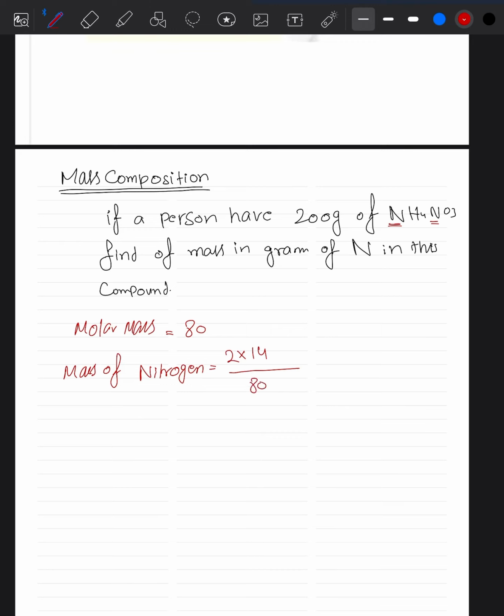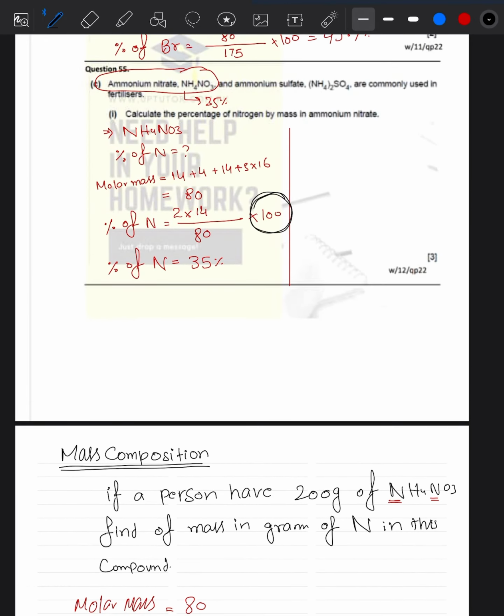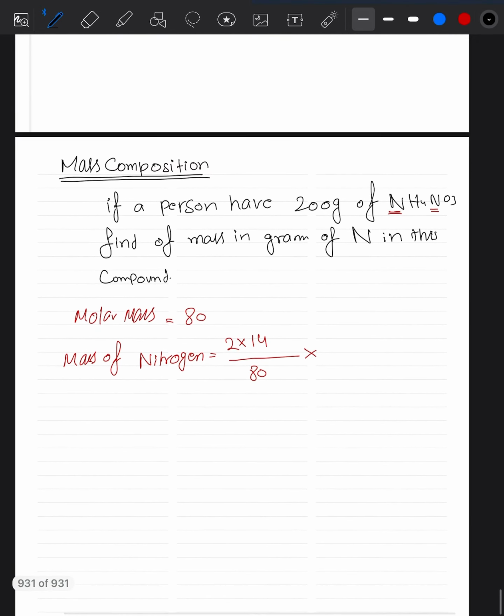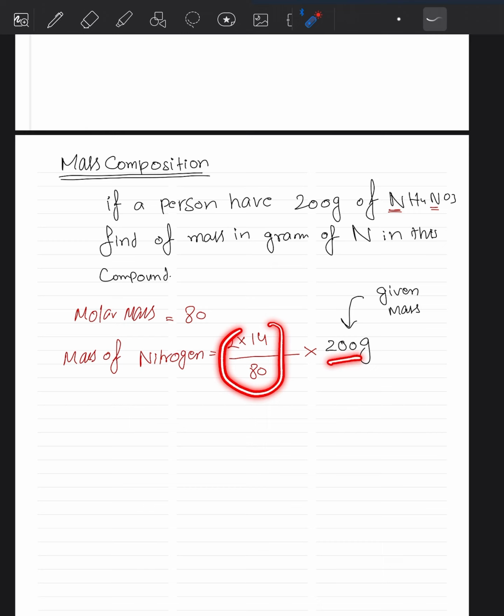This step is the same as the percentage composition, but here is the difference: in percentage composition we multiplied it with 100. Now we will multiply it with the given mass. In percentage composition we do the same step and multiply it with 100, but in mass composition we multiply it with the given mass, whatever mass is given in the question.